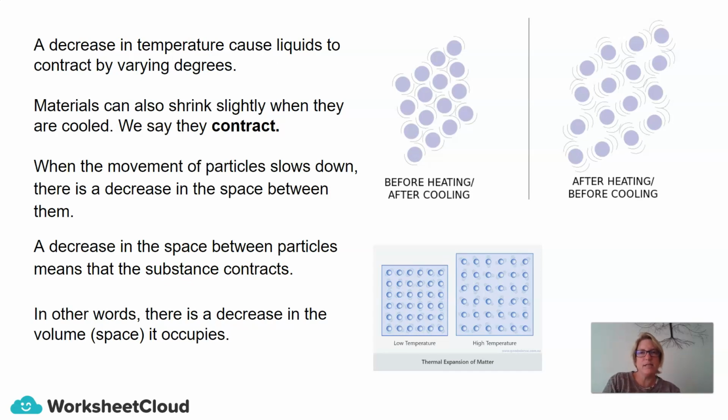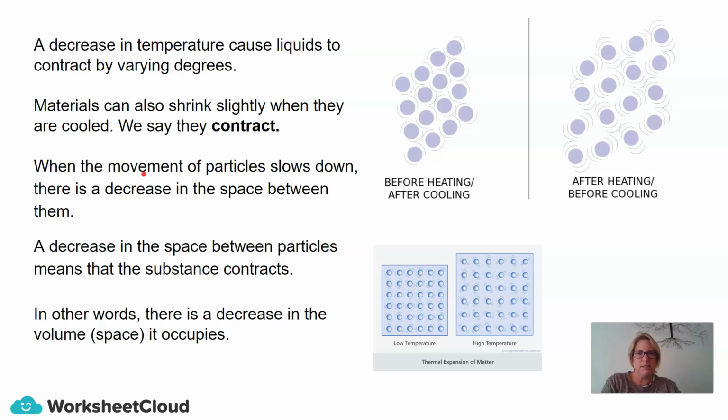A decrease in the temperature can cause liquids to contract by varying degrees. Materials can also shrink slightly when they are cooled. Here we've got our substance, and now we are cooling it, so the movement of the particles is slowing down. The particle is not getting smaller.